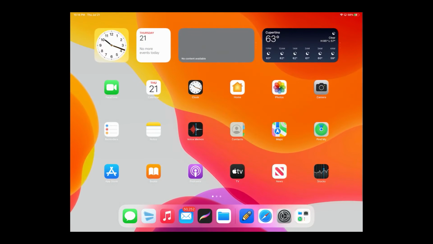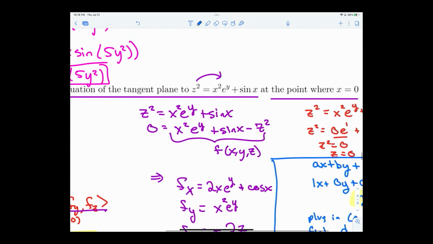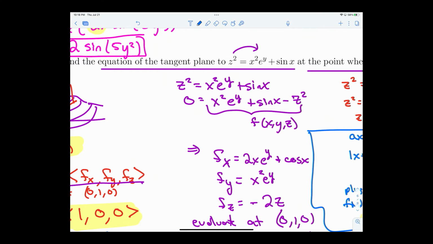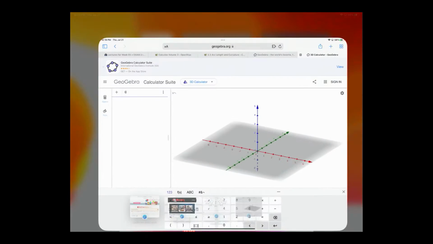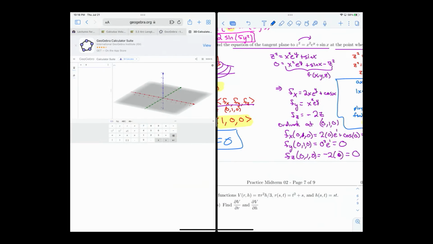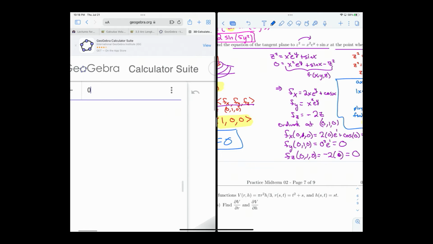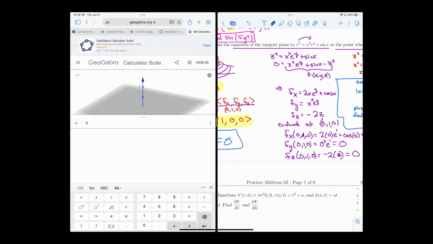What's the equation of my surface? It is somewhere. z squared equals x squared e to the y. You know what? Hold on, maybe we can see these both at the same time. Okay, so what do we have?